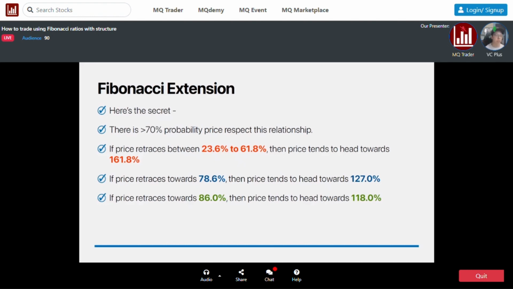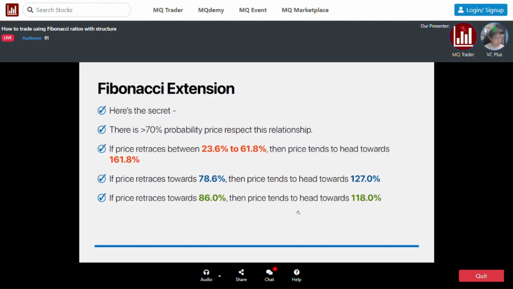If the retracement comes back to the area between 236 and 618, there's a good chance the price will head towards the 1618 extension. If the price retraces towards 786, there's a good chance it will head towards 127. And if the retracement is very deep towards 886, then you don't want to target too far. You just want to put your target somewhere around 118.